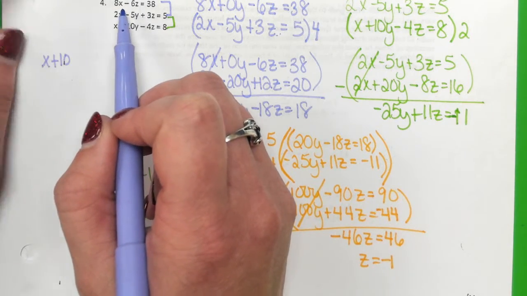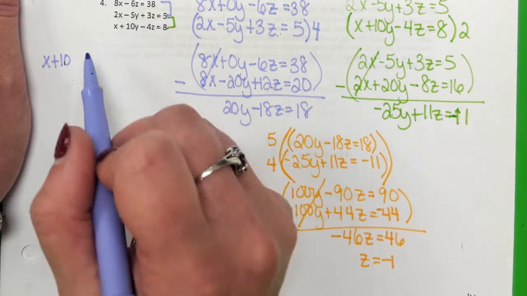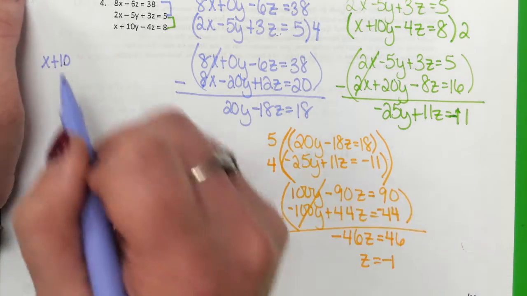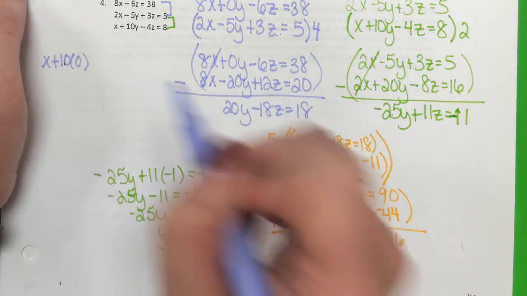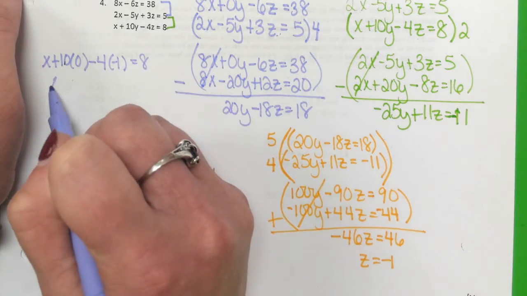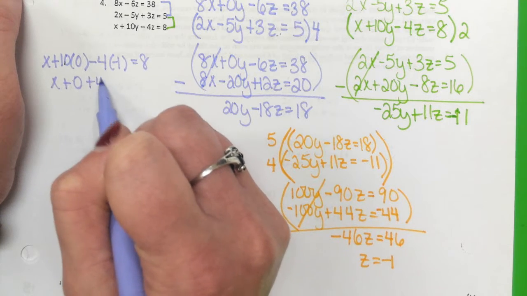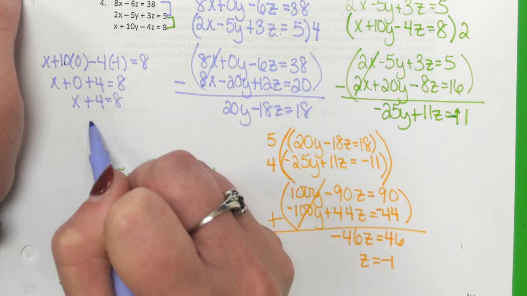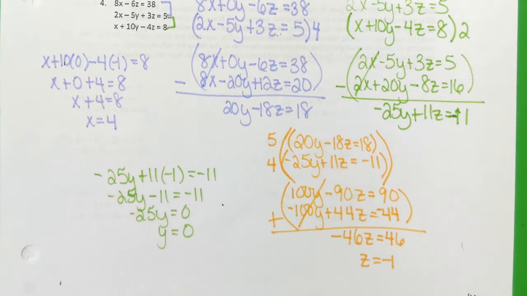So X is going to be that? I got that. I don't know. Hold on. Let's see. Where am I plugging it? 10 times y. Hold on. You get 4.